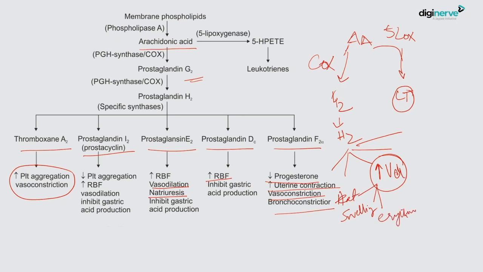So these are the three features which are there because of vasodilatation. As you can see, it is contributed by the various prostaglandins over here. Okay, but thromboxane A2 and prostacyclin I2 have opposite effects to each other.